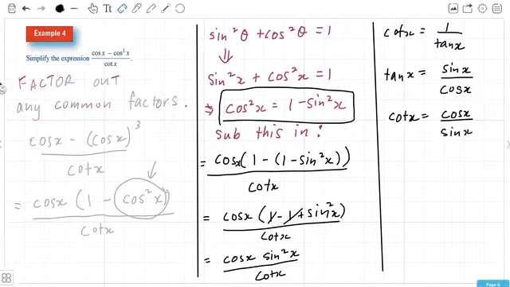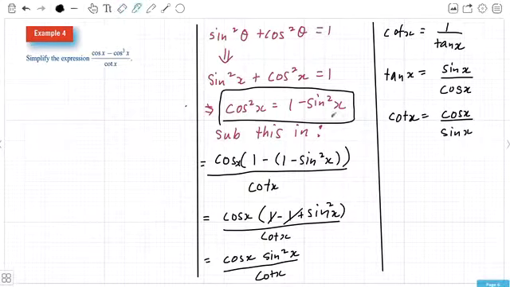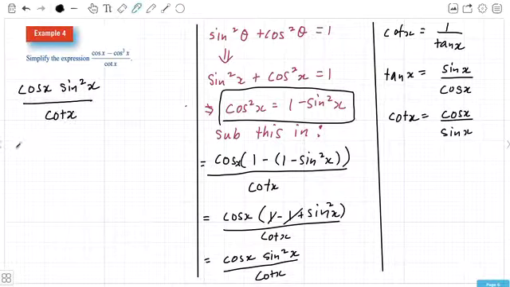So to finish this off now, we've got this expression so far, cos x sine squared x on cot x. To make this a little bit easier to see, I'm going to take this cot x, the denominator, out and multiply by that 1 on cot x. This is exactly the same because what this does is place the cot x underneath.